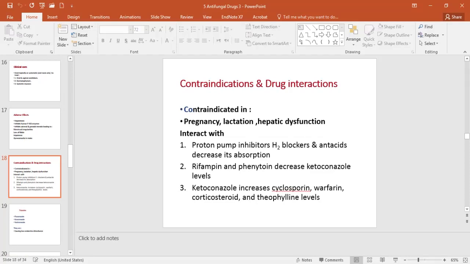These drugs decrease ketoconazole levels, and ketoconazole increases cyclosporin, warfarin, corticosteroid, and theophylline levels. Why? Because it is an enzymatic inhibitor, and thus leads to elevated levels of these drugs.